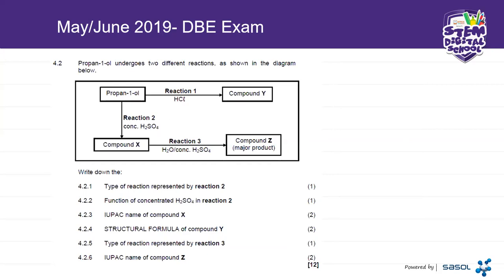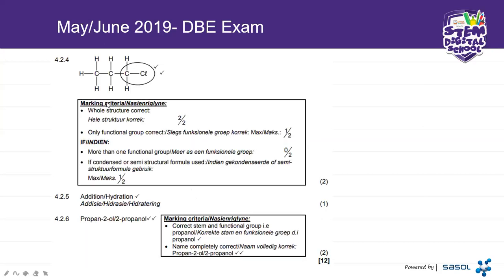It's going to give us this structure here. You get a mark for putting the whole structure in there, like 1, 2, 3 for propanol, and the H is there, and we're going to substitute the OH with a Cl. So this is a substitution reaction. If you only get the functional group correct, you get half a mark, but if you get the whole structure correct, that's where you get your whole 2 marks for your structure.